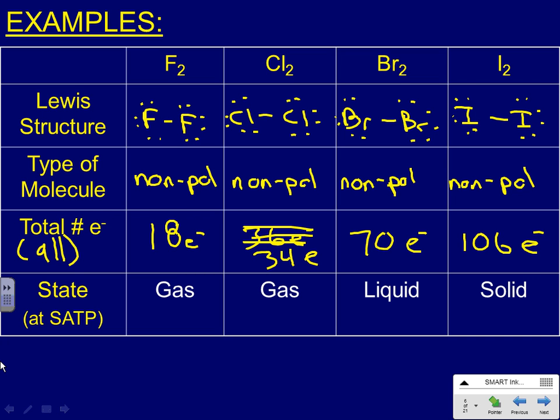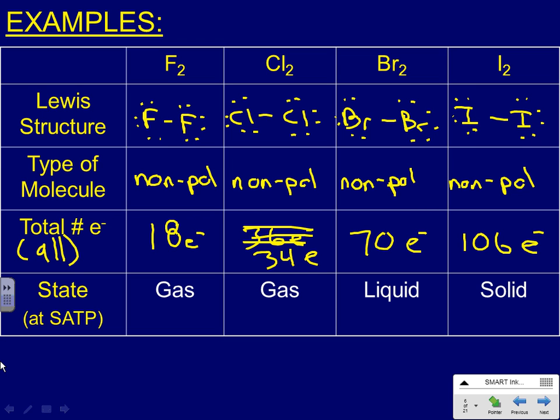In this case, I'm telling you what physical state they're in so that we can see the relationship. We can see the physical state here as well. Gas, gas, liquid, and then ultimately a solid. Notice, more electrons, the greater the London forces, and therefore the higher the melting point or boiling point.